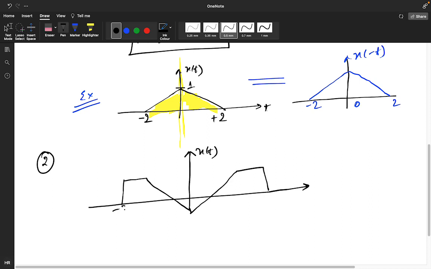This is your minus 2, this particular point is your minus 1 value, this is your 3, this is your 1, 2, and these values are 4. All values are 4.